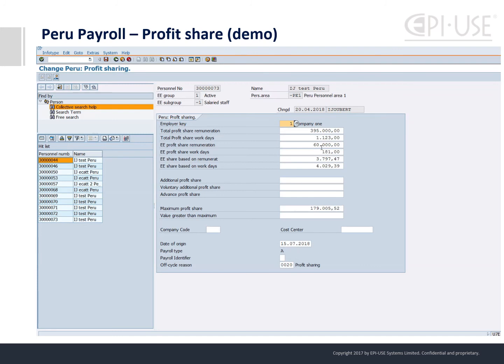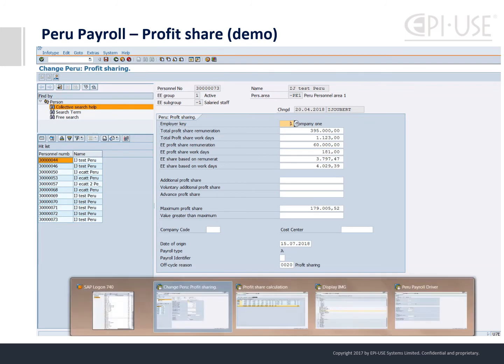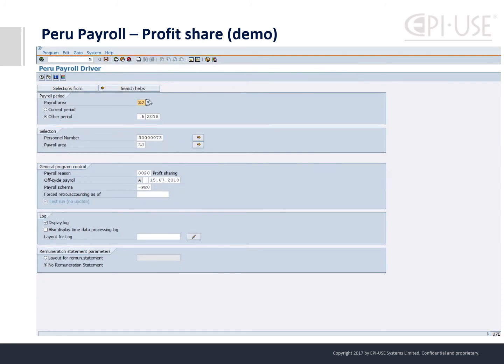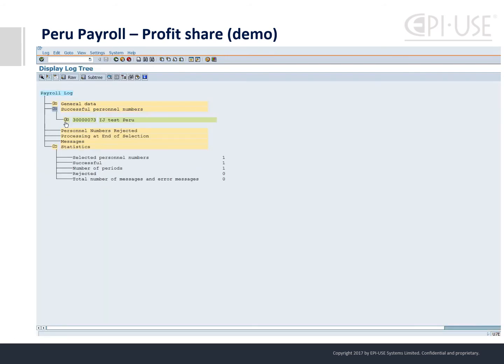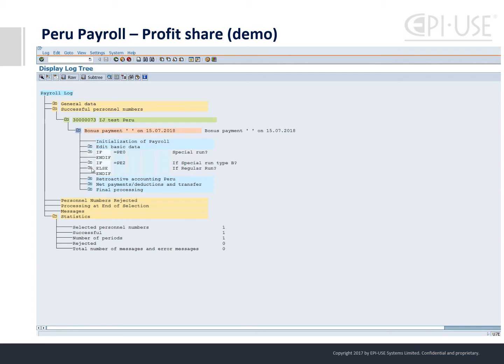So this employee share is stored in this infotype. So if I go and run a payroll now for this employee, for this reason, for this date, if I expand again the schema, get to the point.